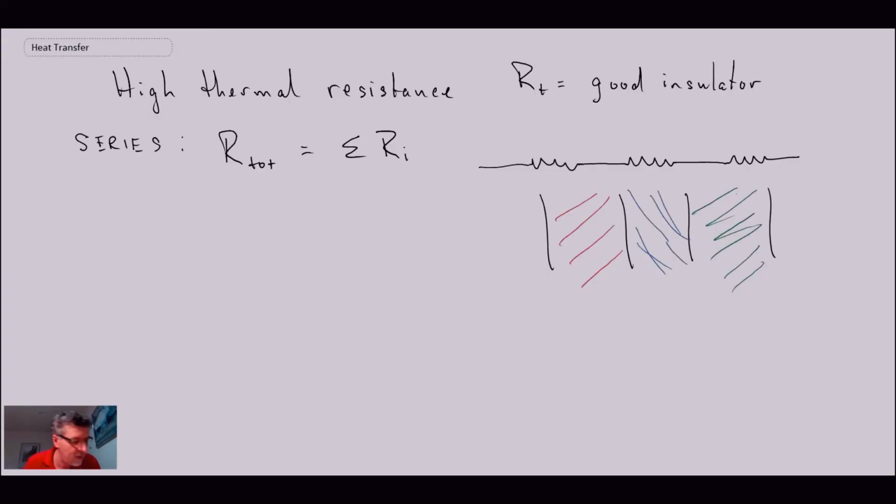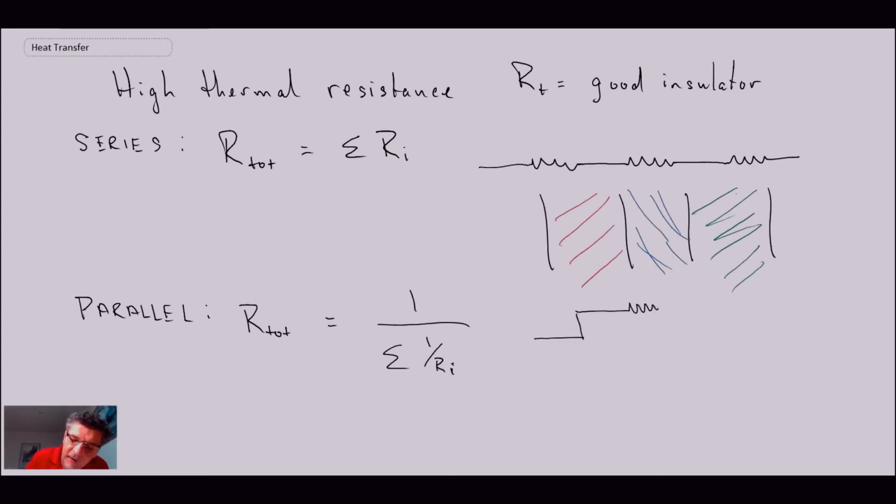So that's an example. And we also can do parallel circuit analysis. And for here, very much similar to what we see with electrical circuits, it's 1 over the sum of 1 over all of the individual thermal resistance components. And so that would be the case if you have a parallel circuit and you have another thermal resistance.